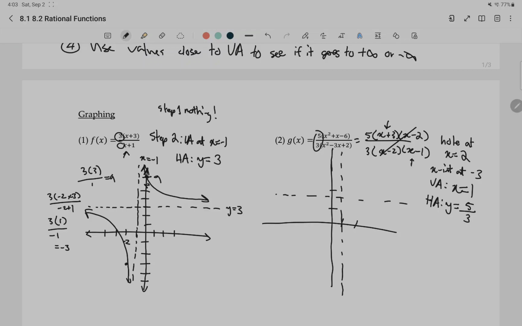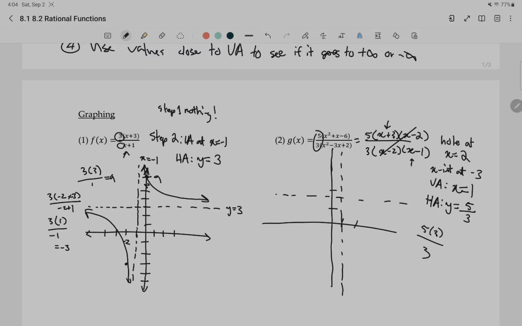So we have 1 like this, 1. And then if we want to find it when x is 0, so a good value to check is always x equals 0. And in this case, it appears that if x is 0, we have 5 times 3 over 3, right?